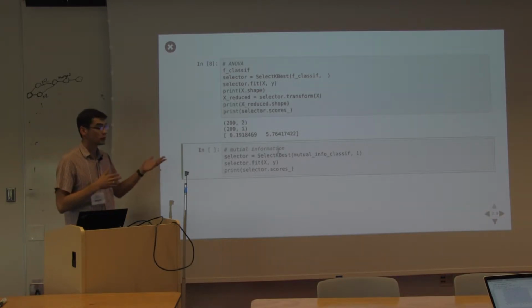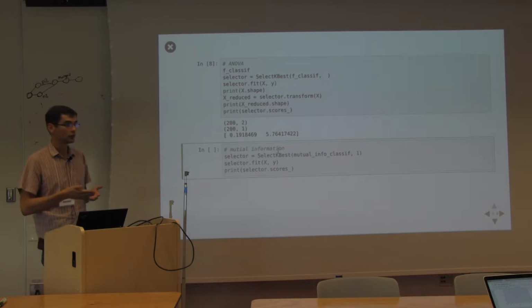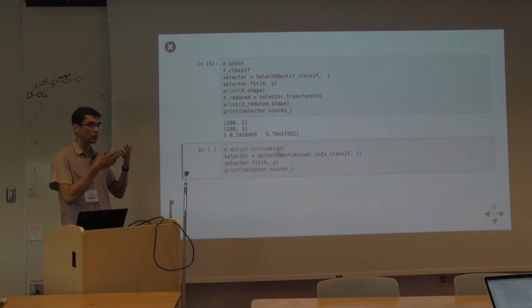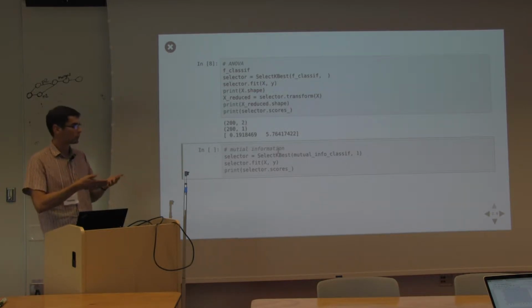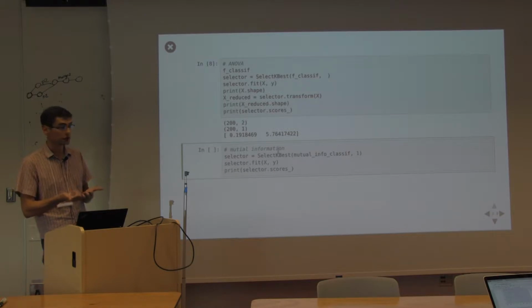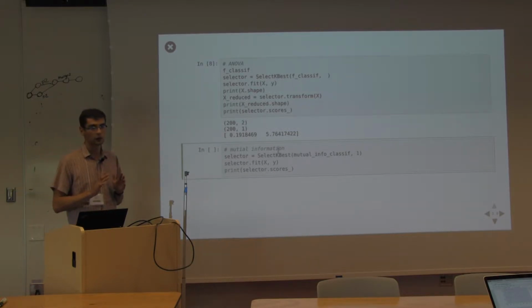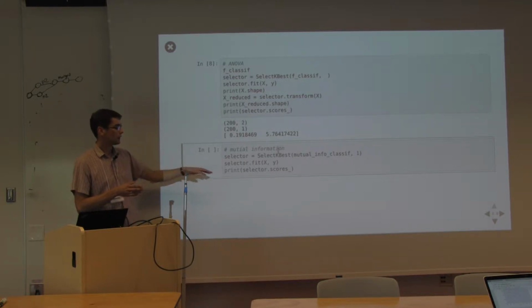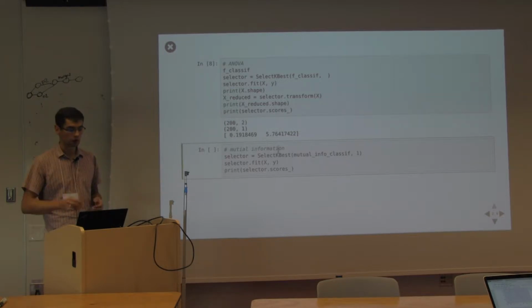And also we can use it to estimate these scores, so to estimate mutual information between our target variable and each feature. So it's just another way to estimate scores, and the algorithm remains the same. So we estimate scores and then select the specified number of features with the highest score.